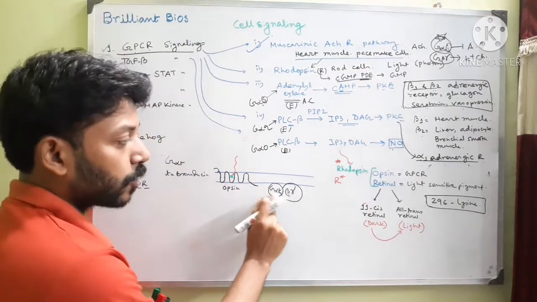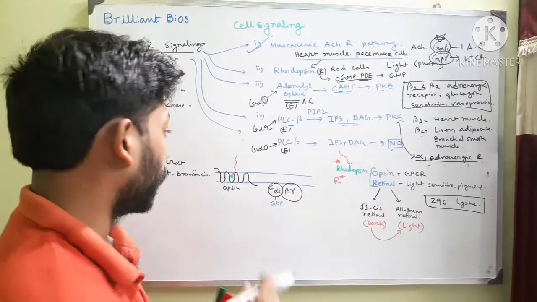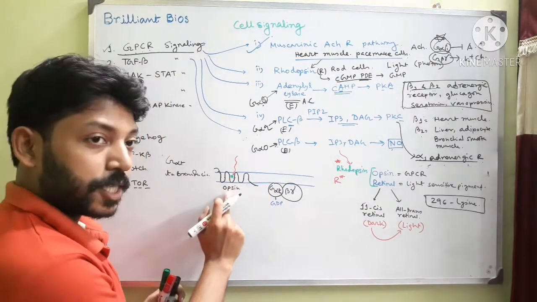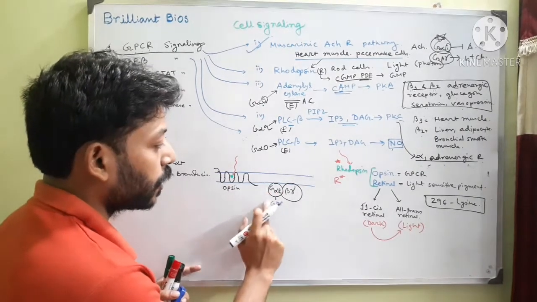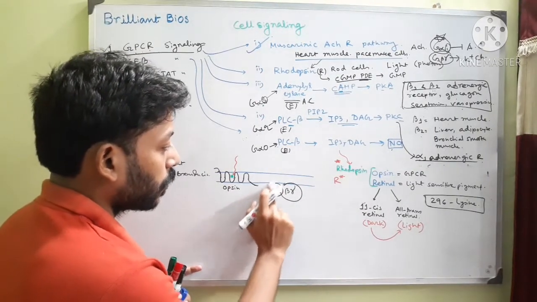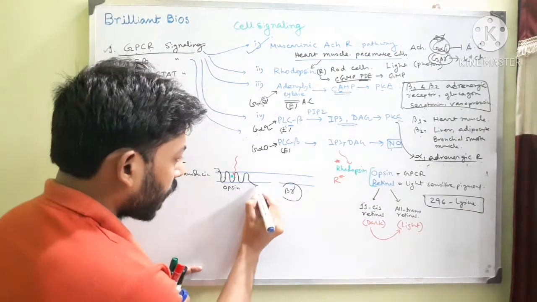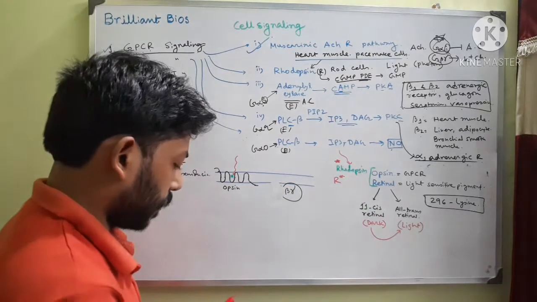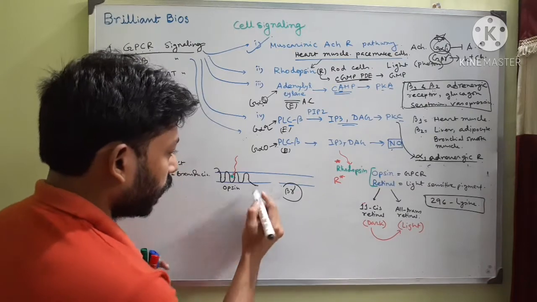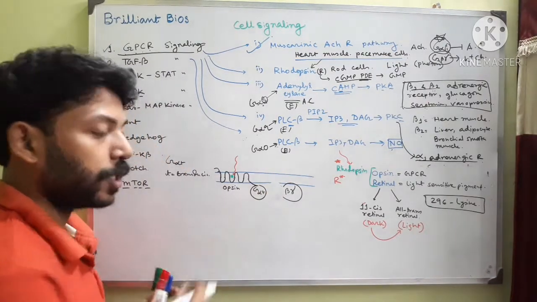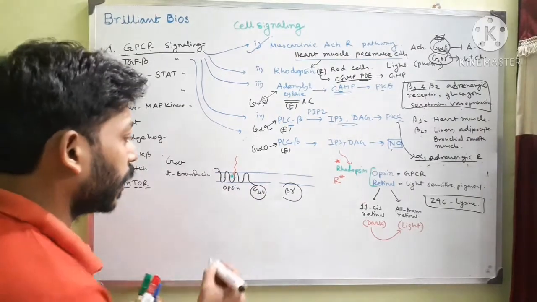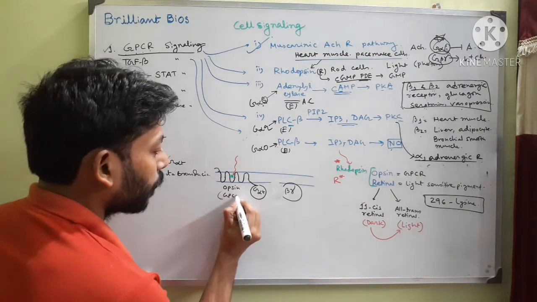In that situation, it binds with the G beta. But when light falls, the structural changes in the opsin attract these G alpha T proteins close to it, and these G alpha T proteins attach with this opsin, the GPCR.